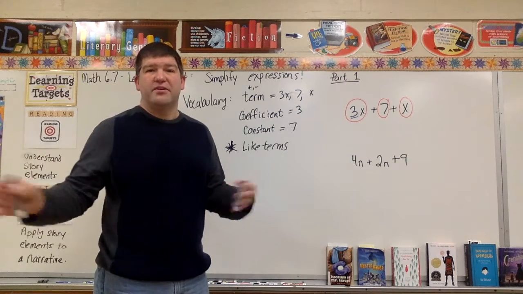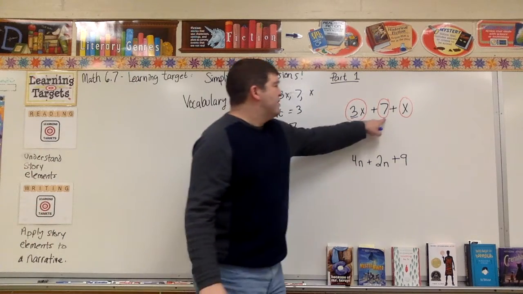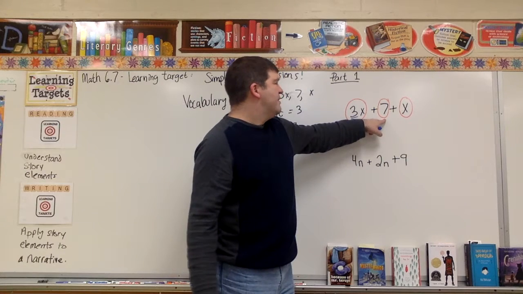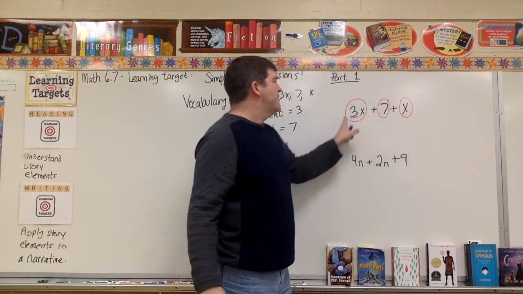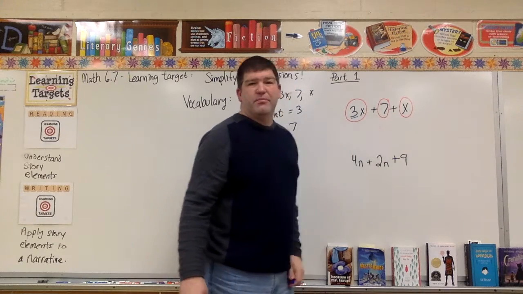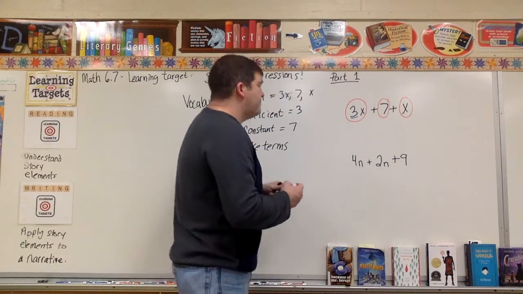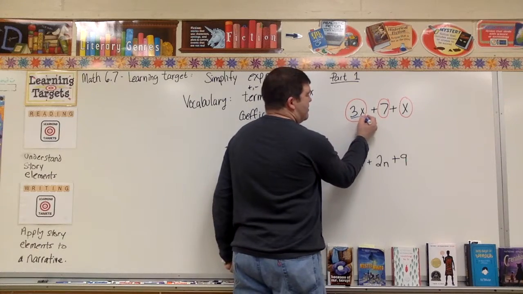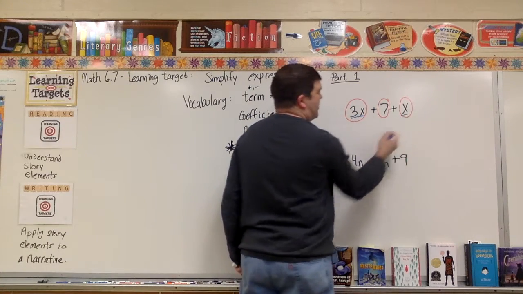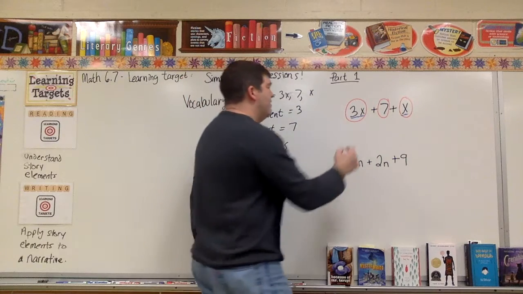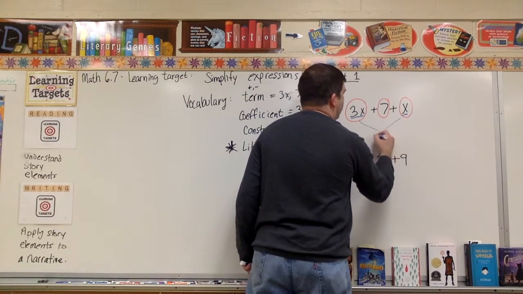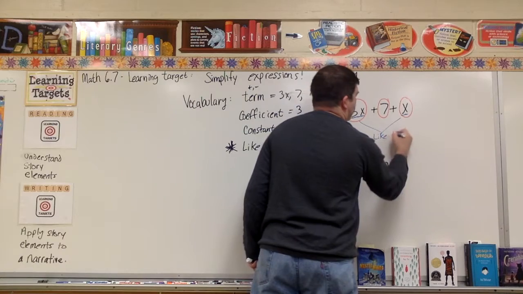Constants are like terms also. So here, 7 is not a like term to anything else because this has a variable, this has a variable. Now, this has the variable x and this has the variable x. Same variable. These 2 right here are like terms.